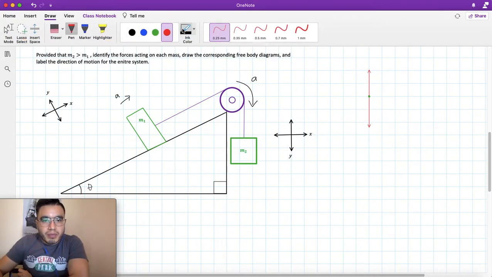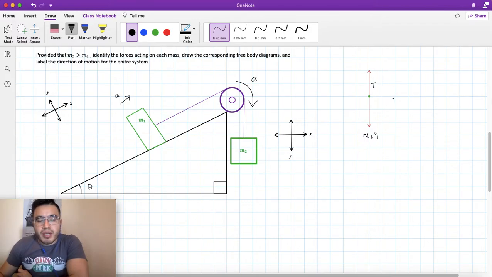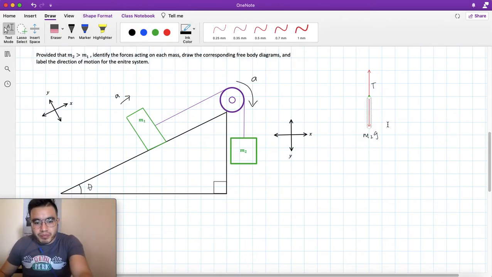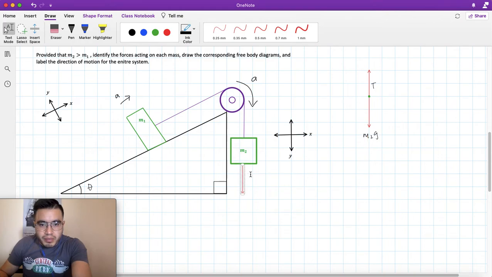Now we can label. This is mass 2 times acceleration due to gravity, and this is the tension. Now I'm going to label the forces on the drawing as well. I think it'll be beneficial for us to see what's going on. So there you go.